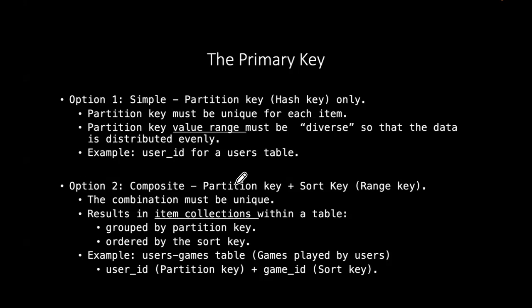And that set of items that have the same partition key, in the language of DynamoDB, we refer to as an item collection. So an item collection is a group of items, i.e. records, in a table where each item has the same partition key value, but different sort key values. And therefore the sort key and the partition key combination is guaranteed to be unique.